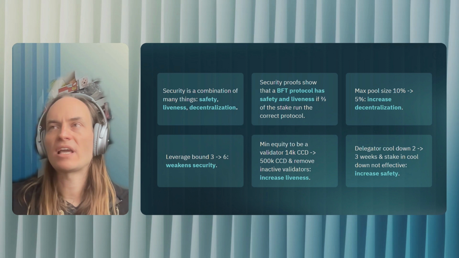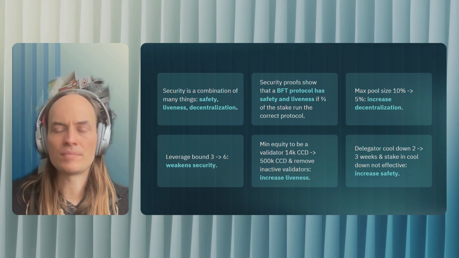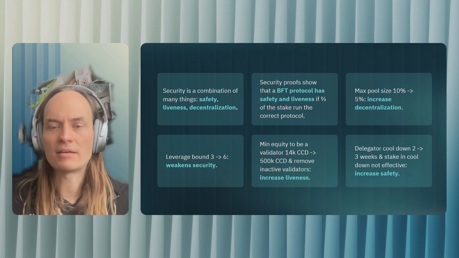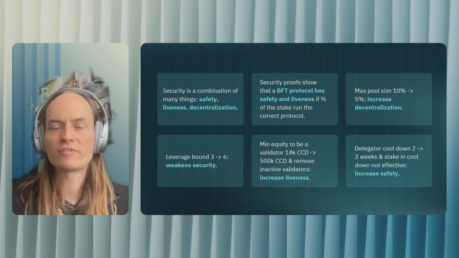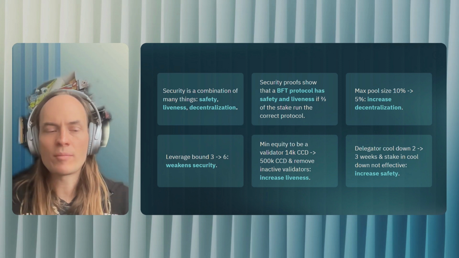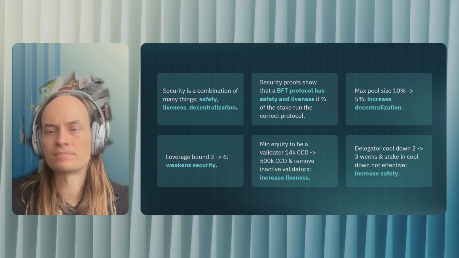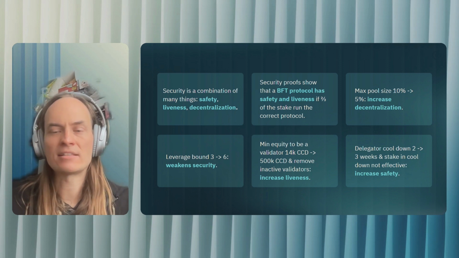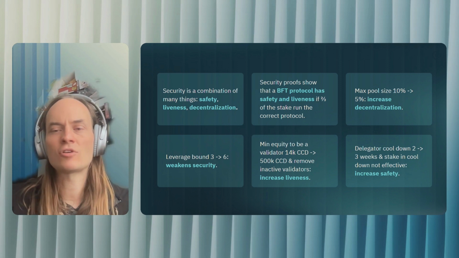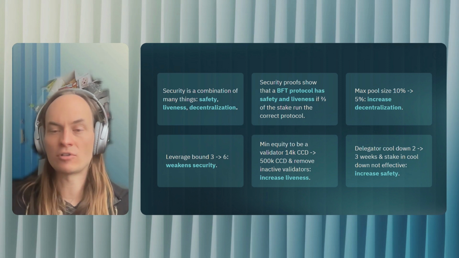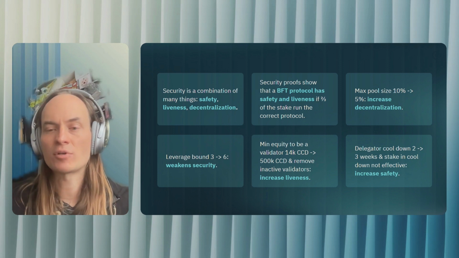Other measures we have done, in the bottom square in the middle, 2 more measures. The minimum stake to be a validator has gone up from 14,000 CCD to 500,000 CCD. One of the main motivations for that is just simply looking at the validators out there, we realized that, I looked at this some months ago, we took the tail end of the validators, took the last 20, and I think 17 of them were not running. But they were still there and their stake was still part of the protocol.